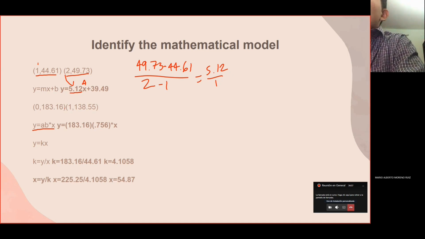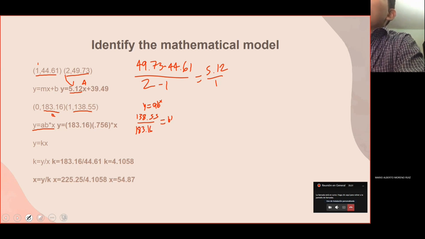You see, this is the value of A, and to know the value of it we just simply use the other pair that is right here, to make this, 138.55 over 183, and this will give us the value that is right here, 0.756.